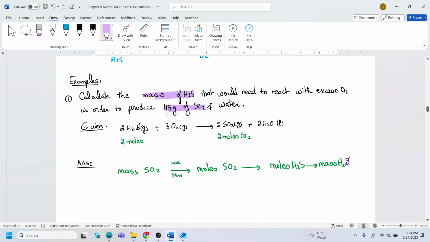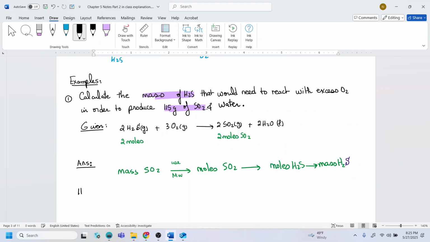I will change the mass of SO2 into moles of SO2 because it needs to still remain SO2. I cannot jump to the H2S before changing into the moles of SO2, and then I can relate from this chemical equation between the moles of the SO2 and the moles of H2S. After I get the moles of the H2S, I can simply go to the mass of the H2S by using the molecular weight. So to build that, let's go ahead and start.